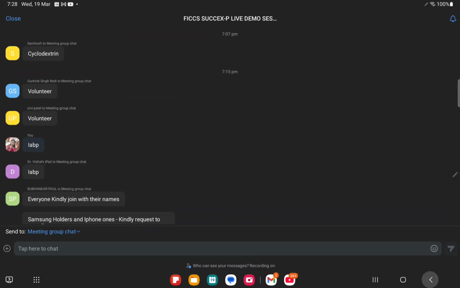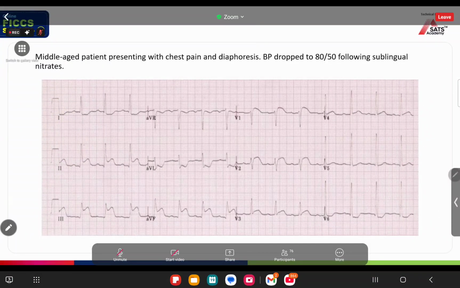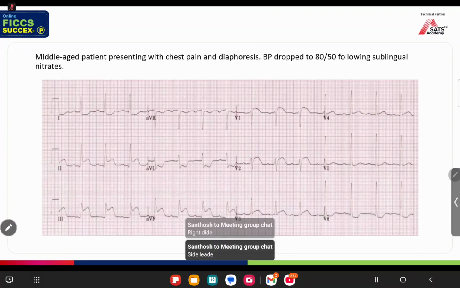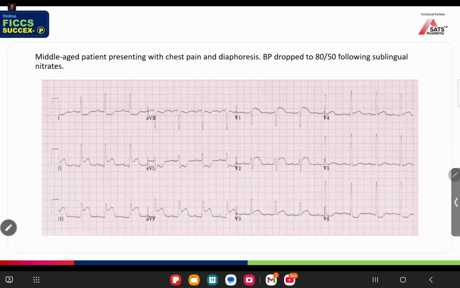Following nitrates, blood pressure fell down. And based on this ECG, what else will you ask for? We can ask for a right-sided ECG to see an RVMI.